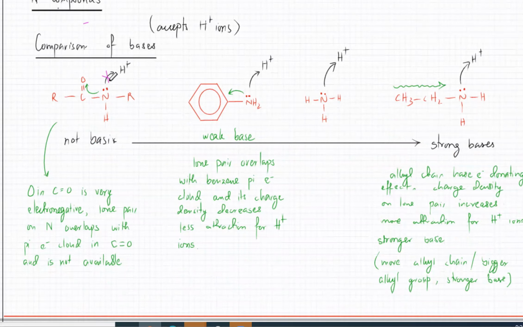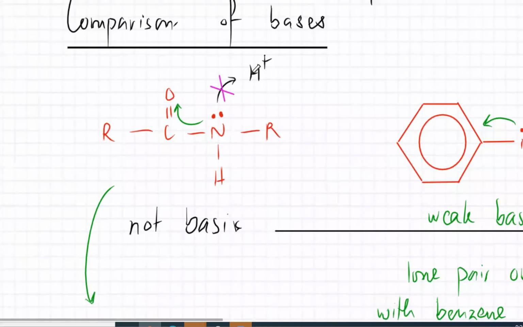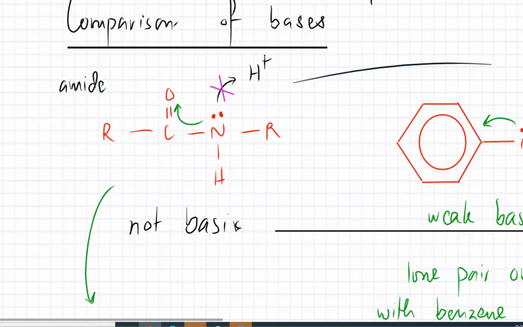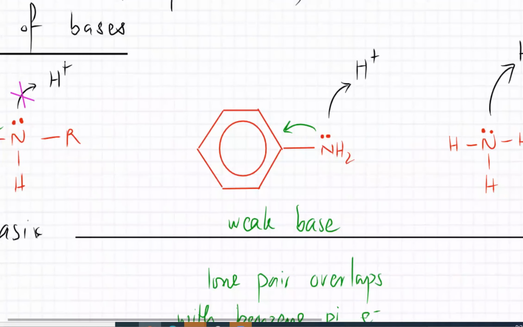You've got amides. This one is an amide. This one is phenylamine. I think I should write the names as well. So this one over here is an amide. This other one over here, that's phenylamine.